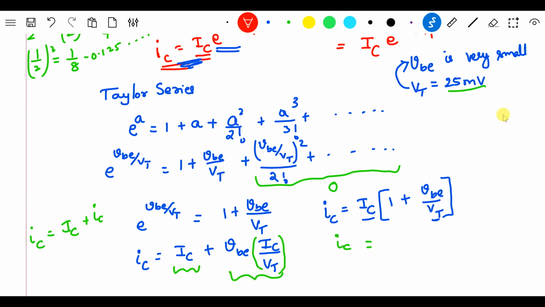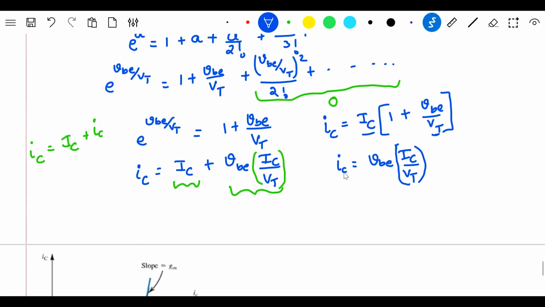So finally, I will say the AC current small IC equals small VBE multiplied by IC by VT.